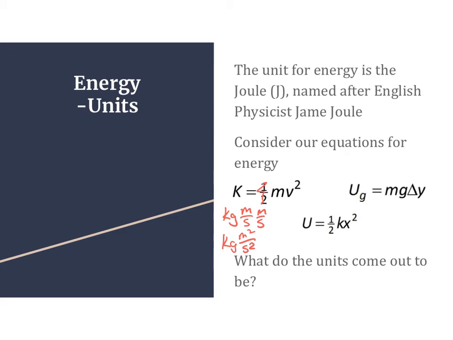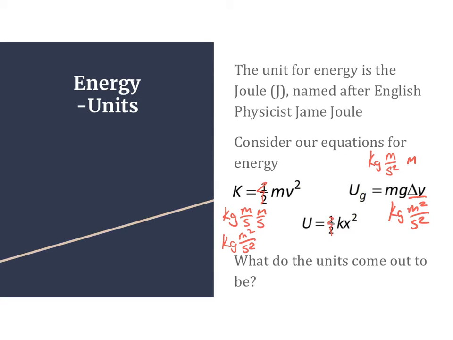Over here for our gravitational potential, we have mass in kilograms. We have the gravitational field strength, which is newtons per kilogram, but I'm going to simplify that to meters per second squared. And then our change in height is meters. So that combines to kilograms times meters squared per second squared. And then our elastic potential is 1/2 kx squared.